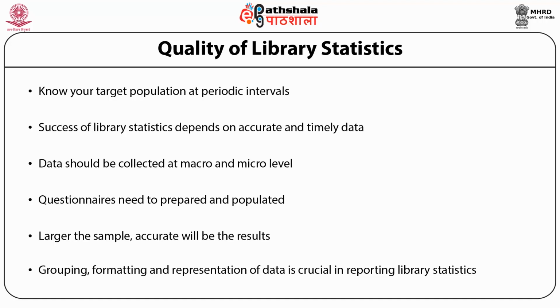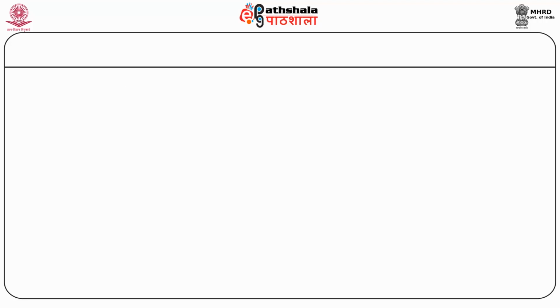All this kind of data should be grouped under circulation, and then you format that data and present it in a tabular form or a graphical form, so that your library statistics become more relevant.